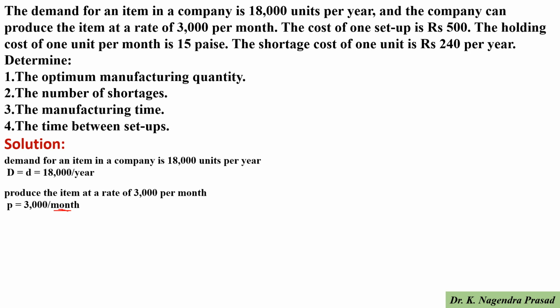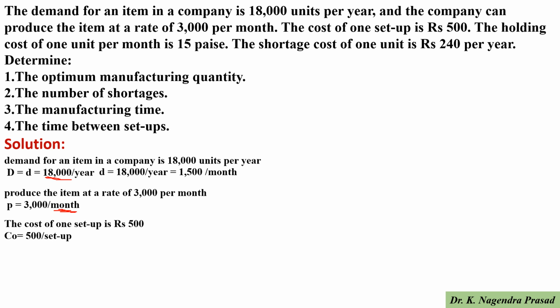So we have to convert the demand rate also to per month. It is given 18,000 per year, then 18,000 divided by 12, which is equal to 1,500 per month. Next, it is given the cost of one setup is 500 rupees.